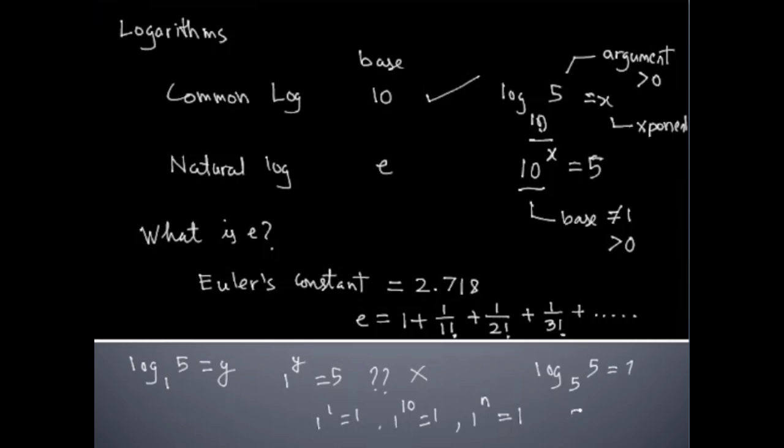You can say 5 raised to the power 1 is 5. If you get log base 5 of 1 equals what? It's basically asking you 5 raised to the power what equals 1. The answer is 0. So now you are aware of a few fundamental facts regarding the logarithm.